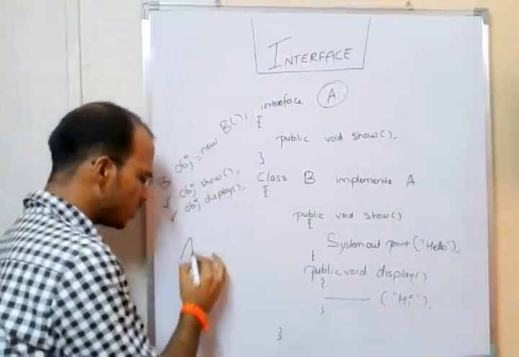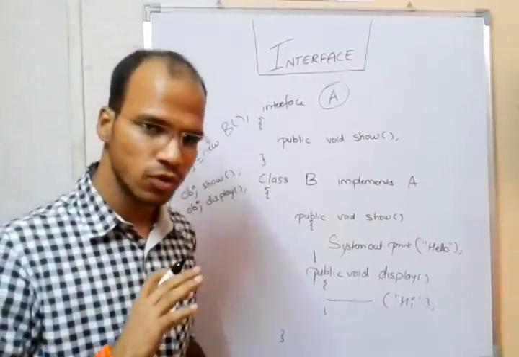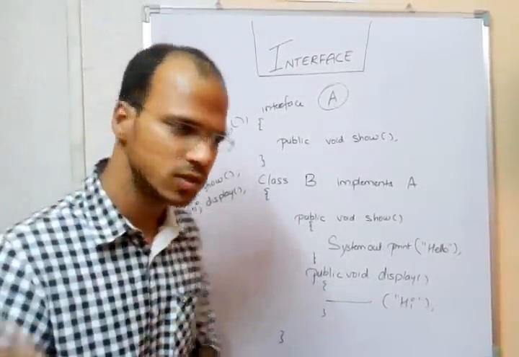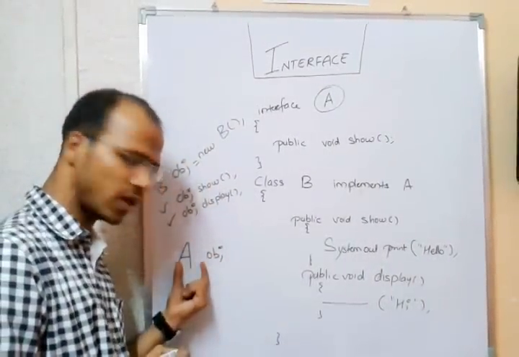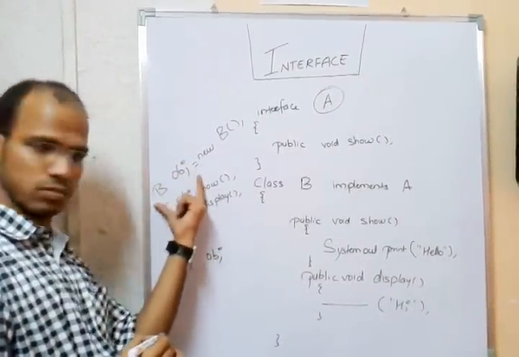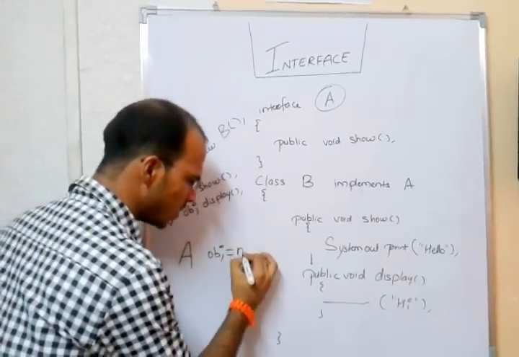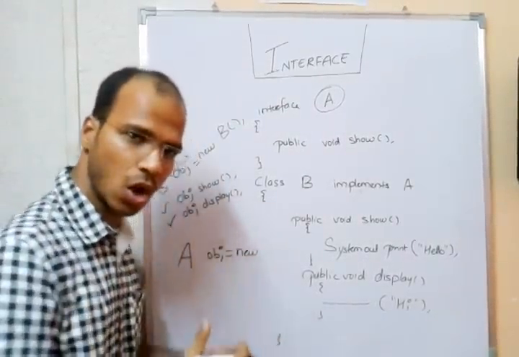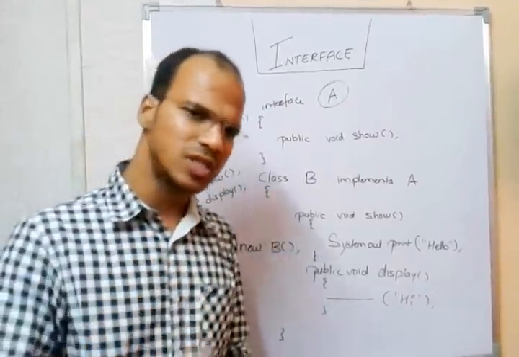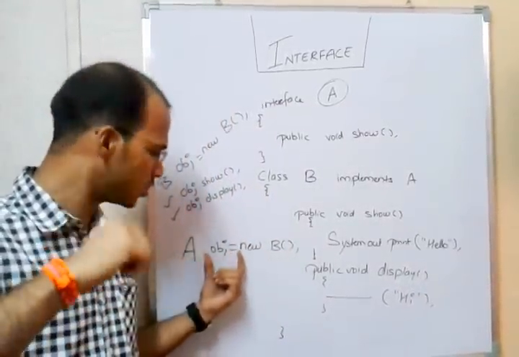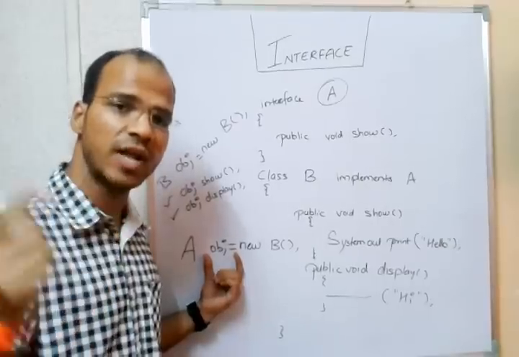But we can create a reference, because to create a reference we don't require constructors. If I say A obj, this is a reference of A. And if I give it the memory of B, it's possible, because to create an object of an interface we just require memory.